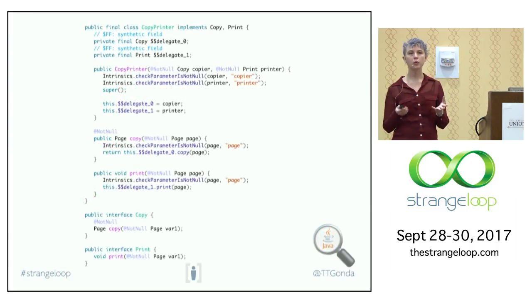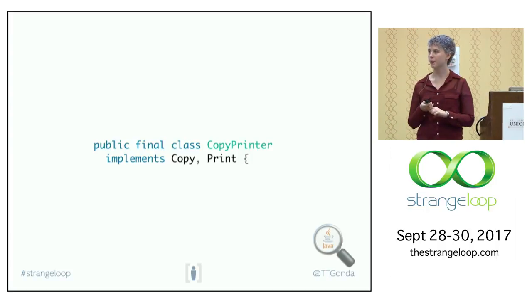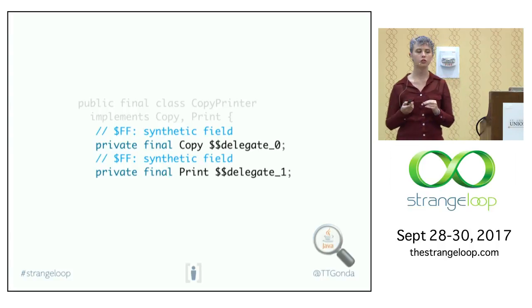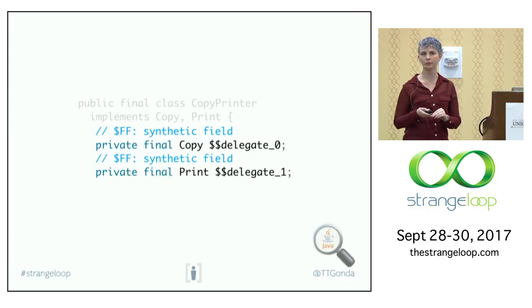OK, so many more lines of code. But if we break it down, we can get a good sense of what's going on. We have the class that implements copy and print. And then we have our fields to store our copy and print objects that are called delegate0 and delegate1.